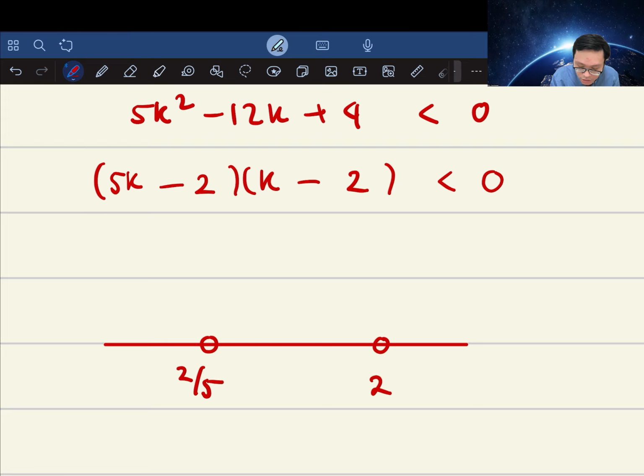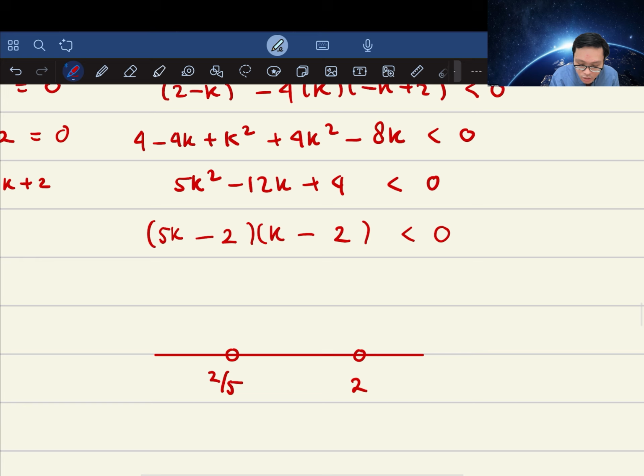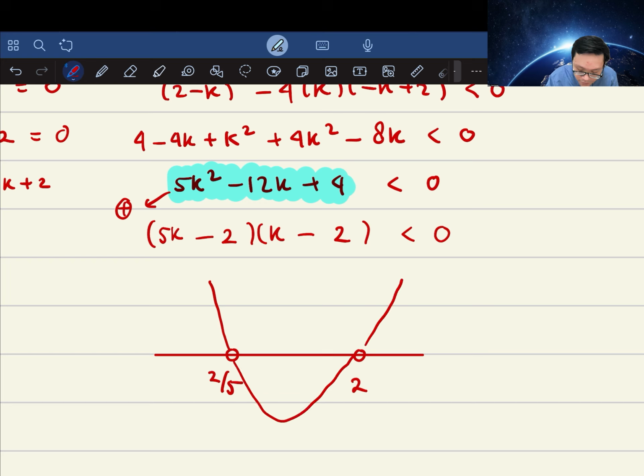And this is 2. Now, focus on the quadratic in terms of k because we want to solve that. The value of a is positive. That means the curve will open up. And we want less than. Less than means that we take the part of the curve that is less than.